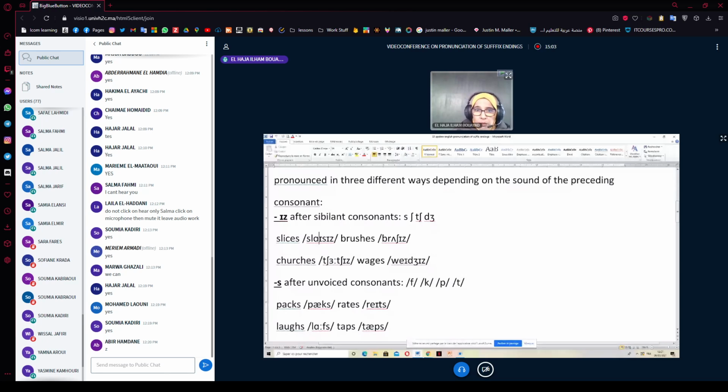That's why they are called sibilants. So while having a cluster of sibilants, you cannot produce them. That's why we use the e and we pronounce the s of the plural as iz. So this is the first context of the first pronunciation.